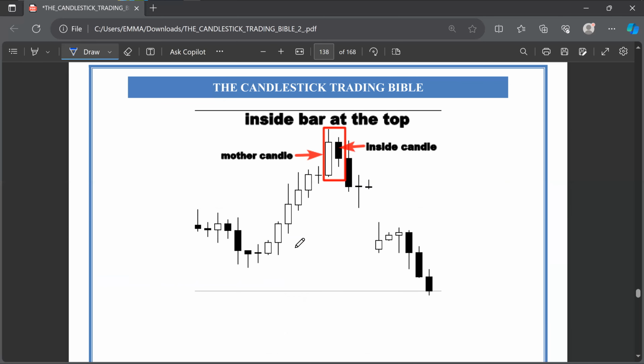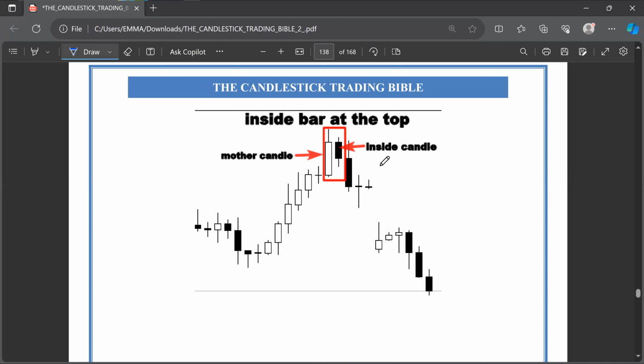And then when we see this, this is the bearish type, right? The bigger one engulfs the second one, and the second one is usually a bearish candle. The first one, the bigger one, is called the mother, and the smaller second one is called the baby.